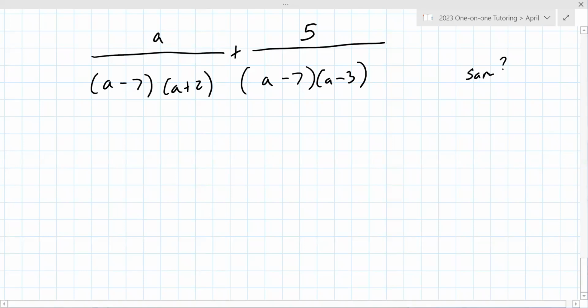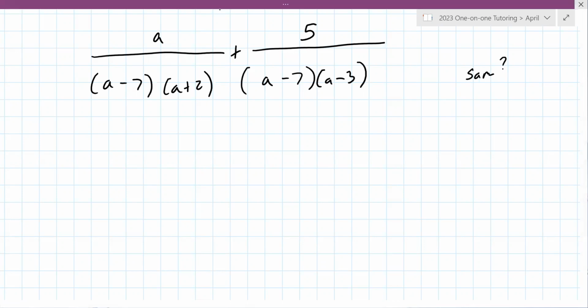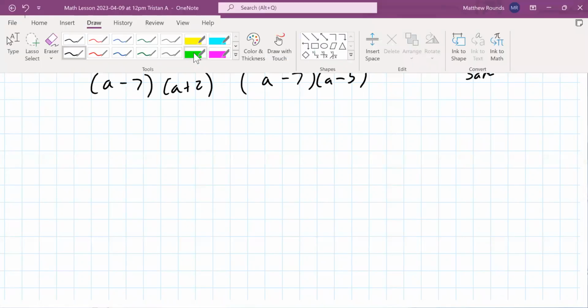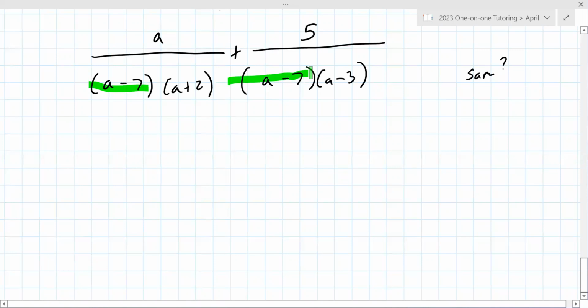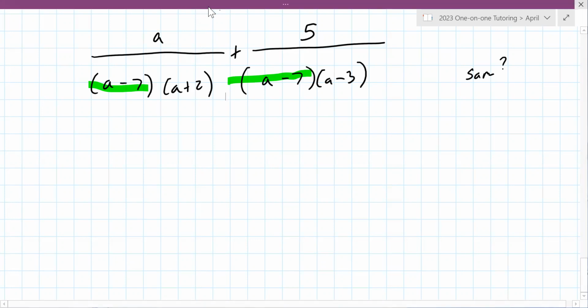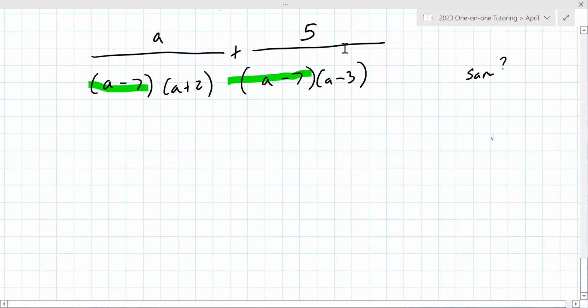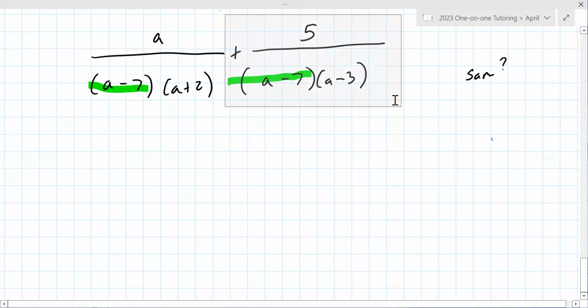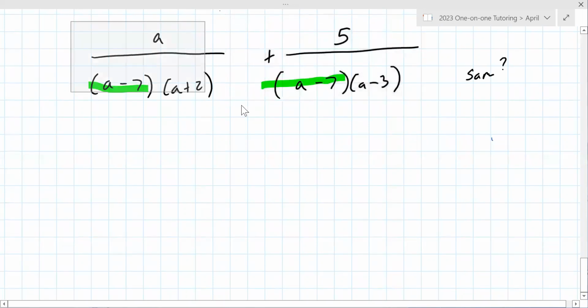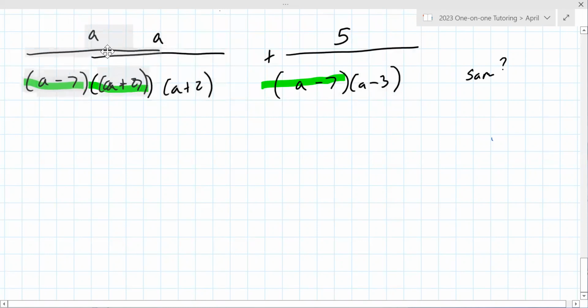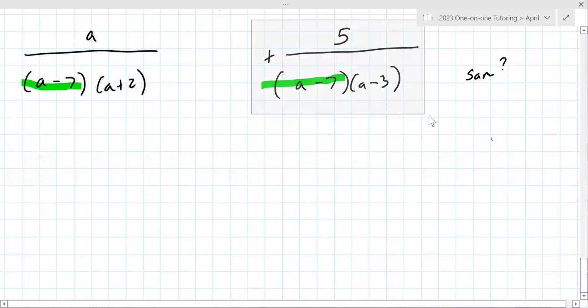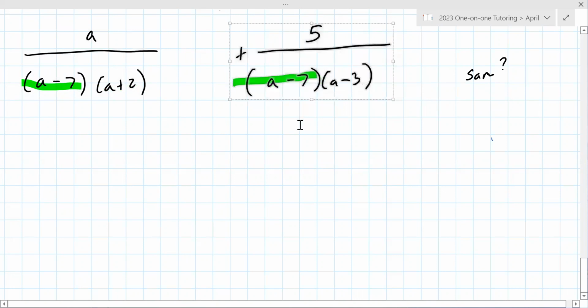What do they share? They share an a minus 7. So that's good. But the one on the right has an a minus 3, and the one on the left has an a plus 2. To balance this out, we're going to multiply the one that's missing something.